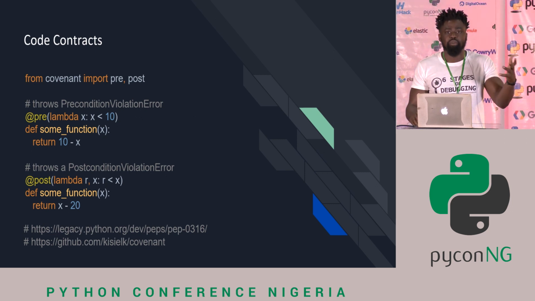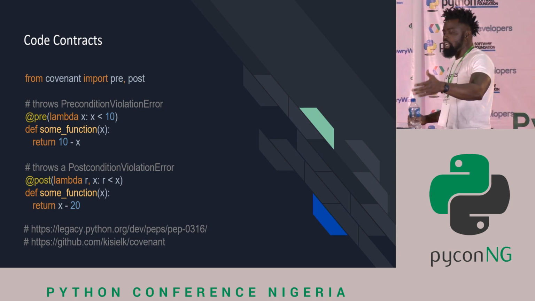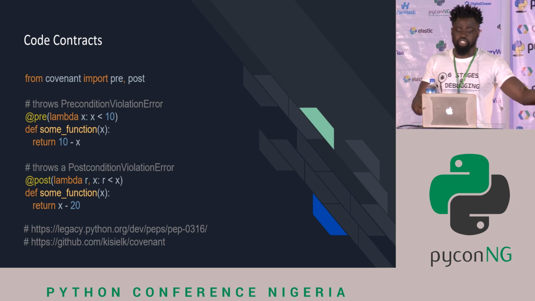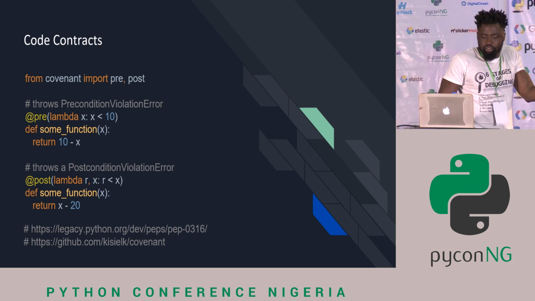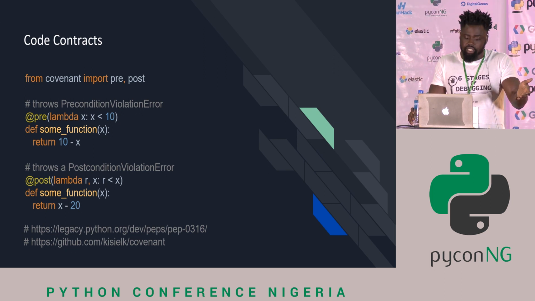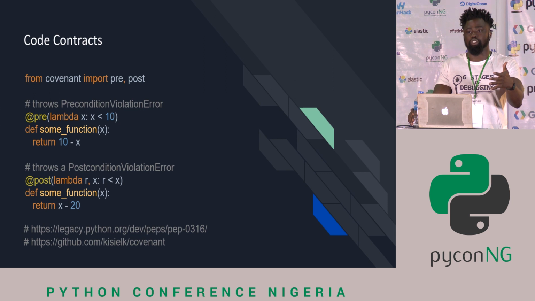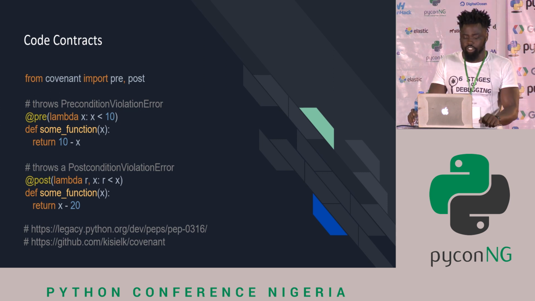With typing, you would be checking if x is an integer or a float. But with this, we're taking it further by running an expression on your object to check the validity of your arguments. In a case where x is greater than 10, you get a precondition violation error, which is another exception. And you can extend that exception to provide context to your function, for example.